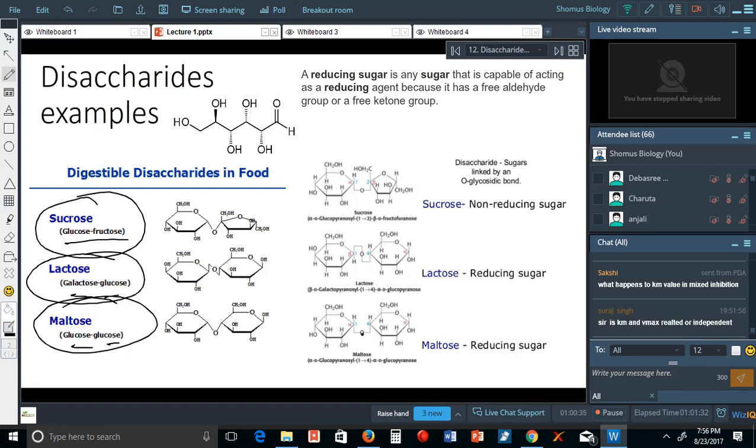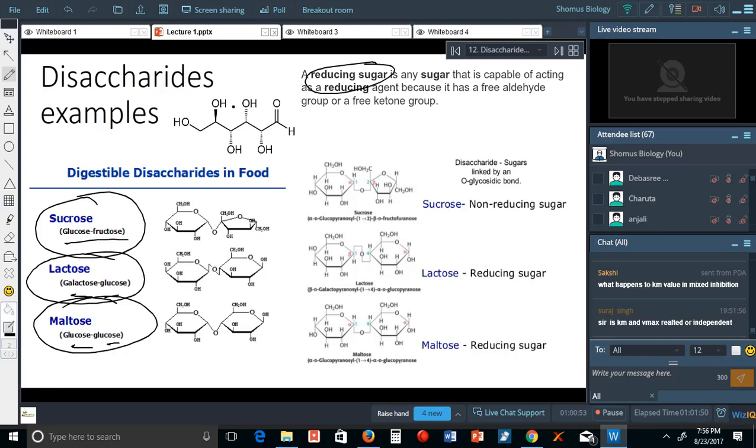While in maltose, it's alpha 1,4 for both. And for glucose-fructose binding in sucrose, this is 1,2 bonding, alpha glucose and beta fructose. So these are the different bonds that we know.